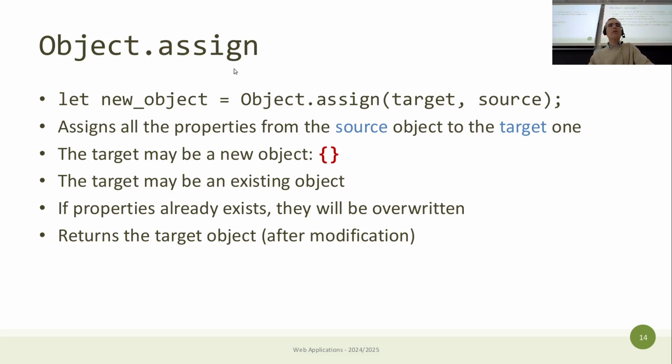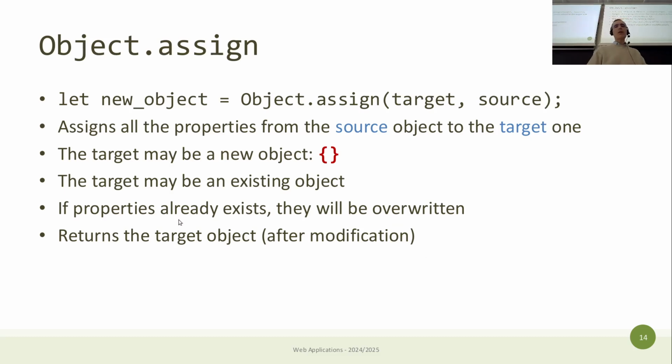So how does Object.assign work? Well, Object.assign takes actually more than 2 parameters also, but at least 2 parameters. One is the target object and the other is the source object, and it copies the source into the target. So actually the target could also be not the empty object in case you want to merge objects, but the very common use is having the empty object on the left and copying what you put on the right.